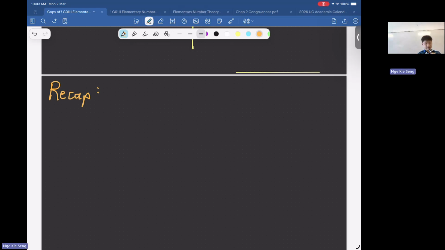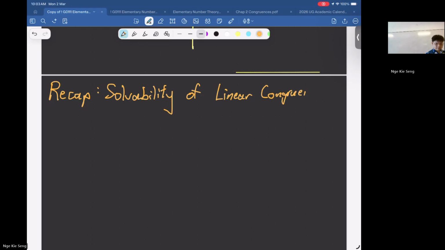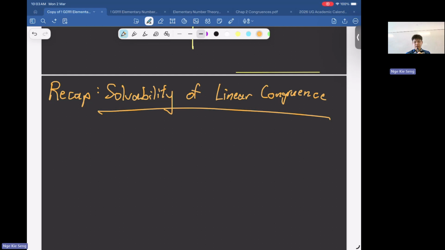Let's recap on the solvability of linear congruence. It is really similar to the solvability of linear Diophantine equation.